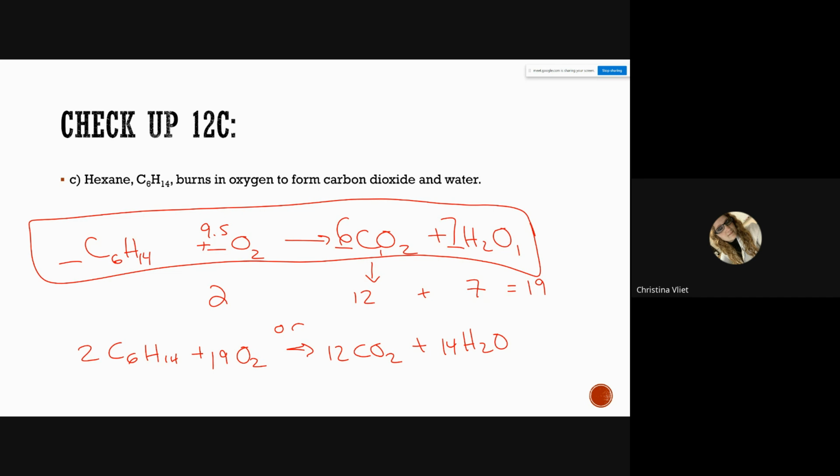Include your state symbols though. It tells you this is solid, this is nucleus. Let me check these. These are good. So I'm going to stamp it, so make sure to put your state.